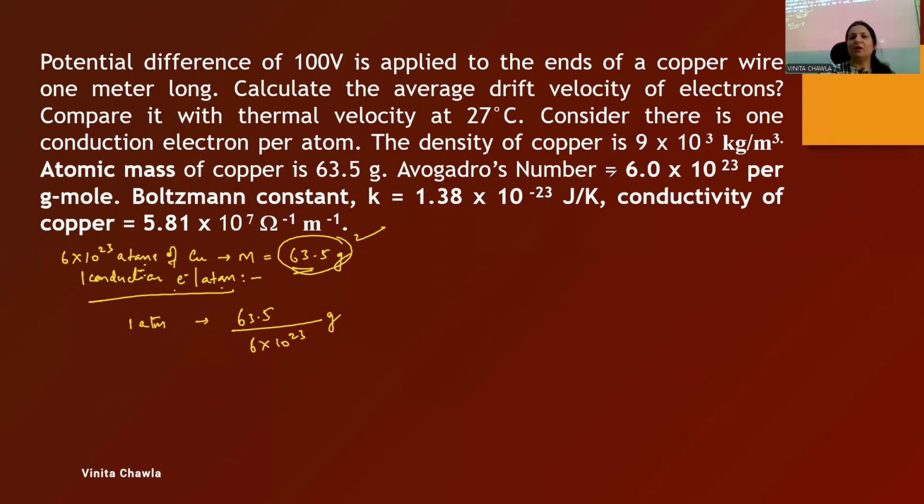ठीक है? We know the density. Density of copper is 9 into 10 raised to the power 3, किलोग्राम है ना? ठीक है? So in grams we can write it is 9 into 1000 multiply कर दोगे, 10 raised to the power 6 gram per meter cube.